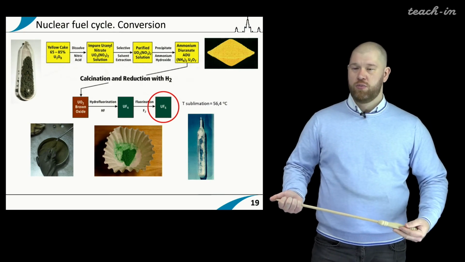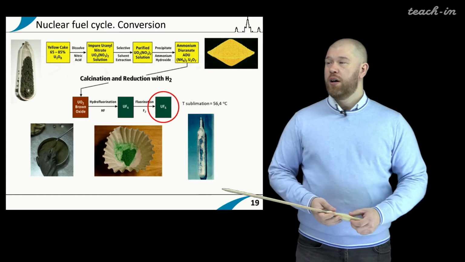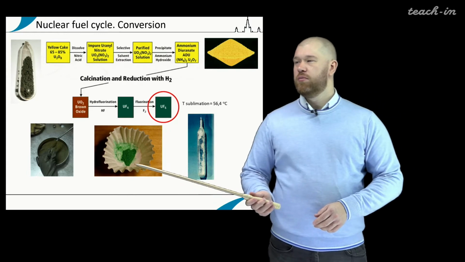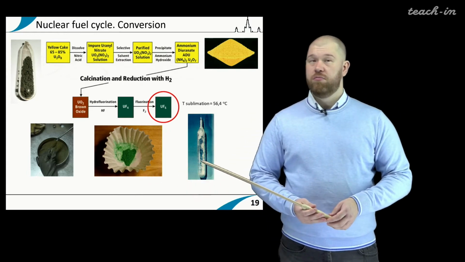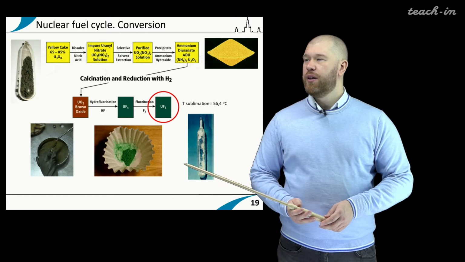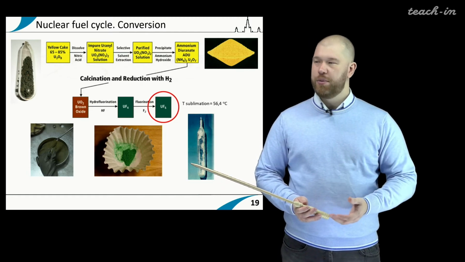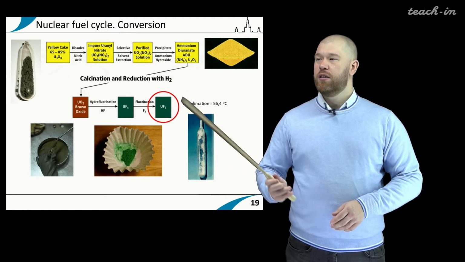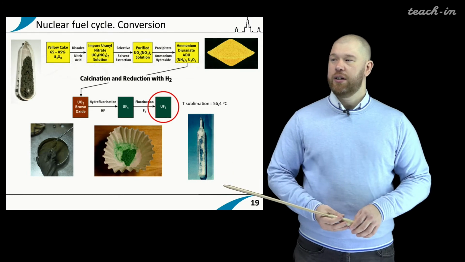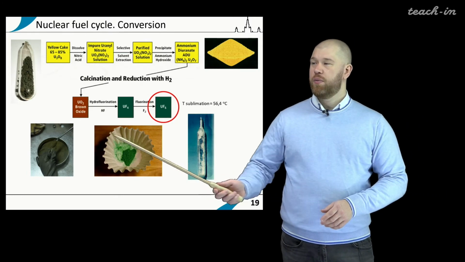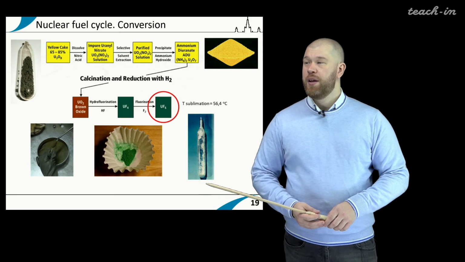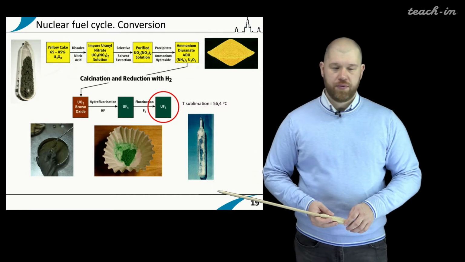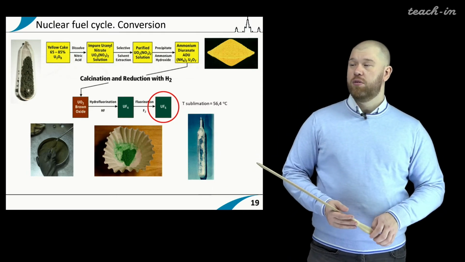So next, the conversion of uranium. After uranium is extracted, it is further purified by different methods. One of them is the precipitation of ammonium diuranate. Then this compound is calcined and reduced to uranium dioxide, and then we need to enrich uranium in uranium-235 for certain reasons.